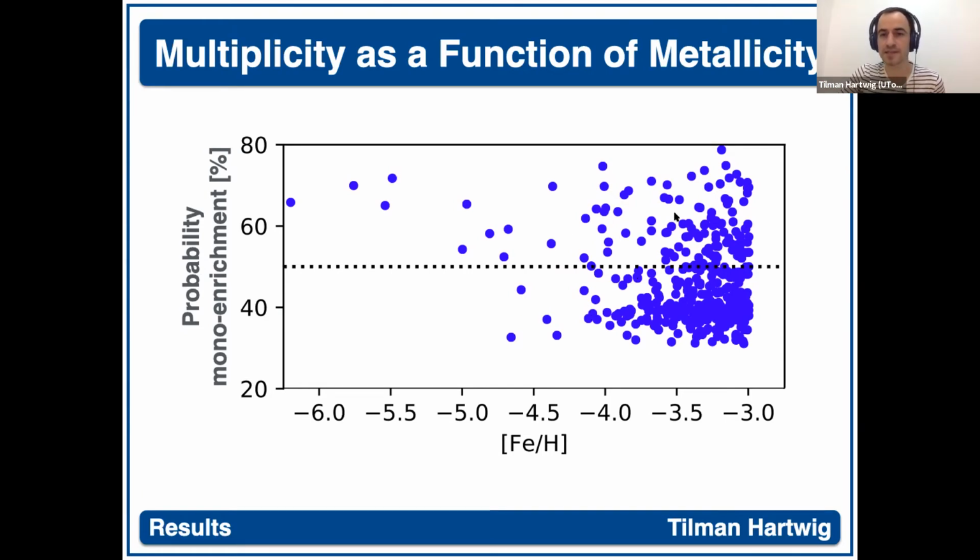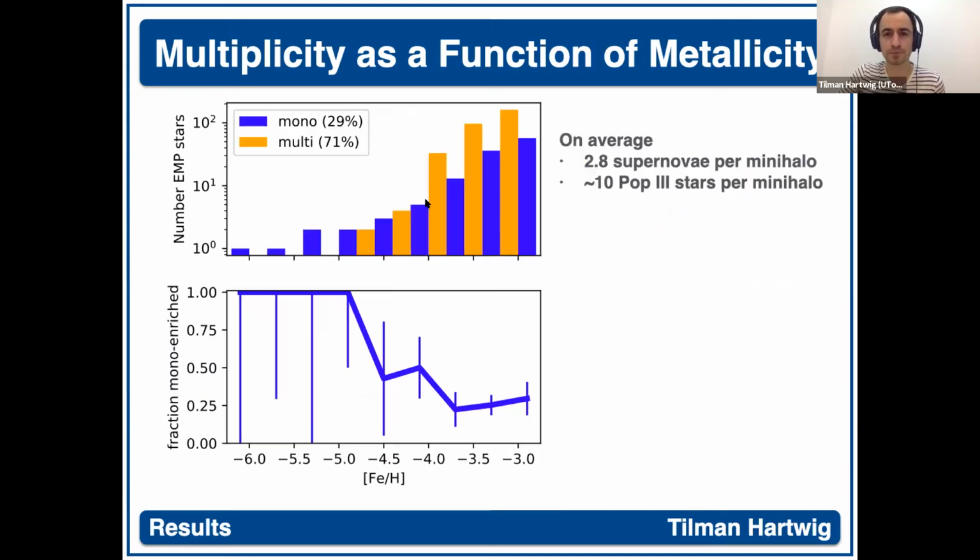This is a sample of over 400 extremely metal-poor stars, and you can see some trend with metallicity. This is interesting, and we looked into this in more detail. You see that at low metallicities, more stars seem to be mono-enriched. Here you can see how this looks in a histogram at the top.